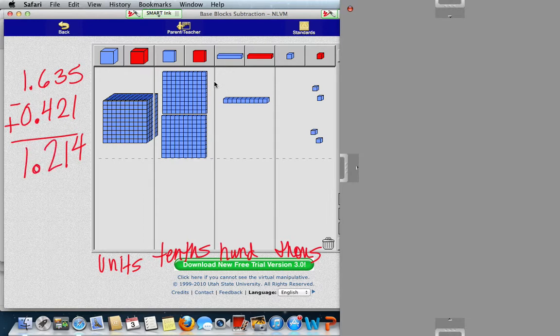And of course, we had a lot more positives to start with than negatives. So once I used these 4 tenths to cancel out 4 of those tenths, I still had 2 positives left over. Once I used these 2 hundredths to cancel out these 3 hundredths, I still had 1 positive left over. Once I canceled this 1 thousandth, I still had 4 thousandths left over. So my answer is 1.214.